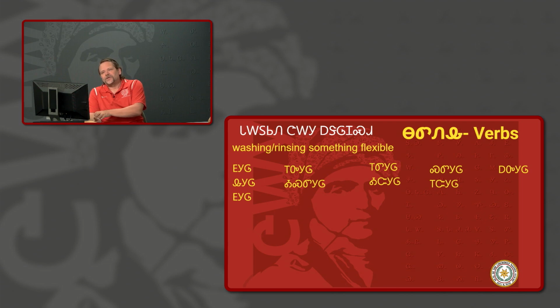Of course, we probably didn't think about washing things with soap and water, because we didn't really have soap before. And then once we had soap, we were like, oh, okay, but we already had this word for kind of rinsing something or dunking it in and swishing it around.